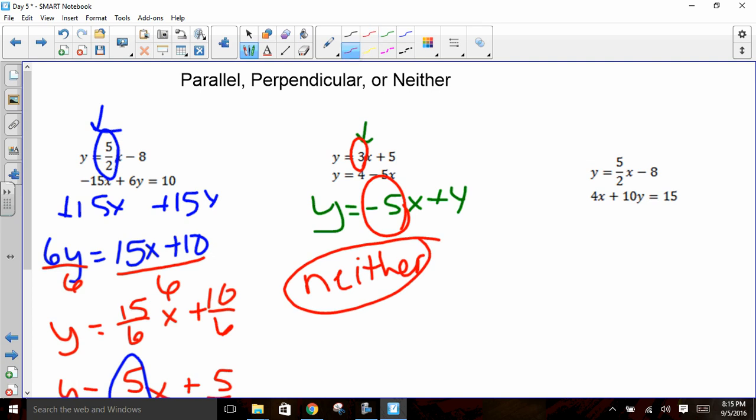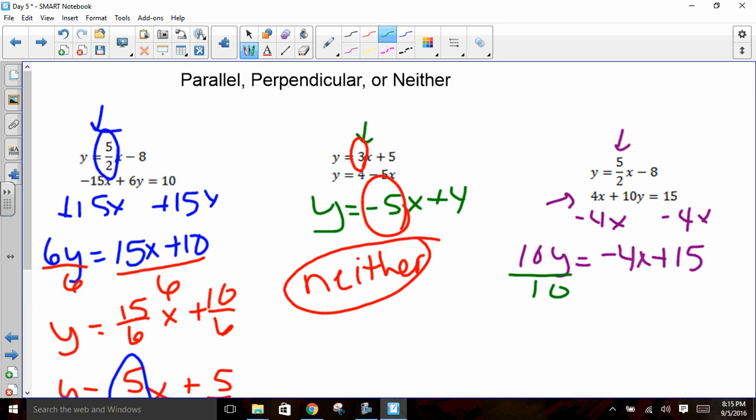And this last one, again, that first equation's already ready for me, so I have to move this one. I need to start by moving my 4x over. So I have 10y is equal to negative 4x plus 15. Divide everything by 10.